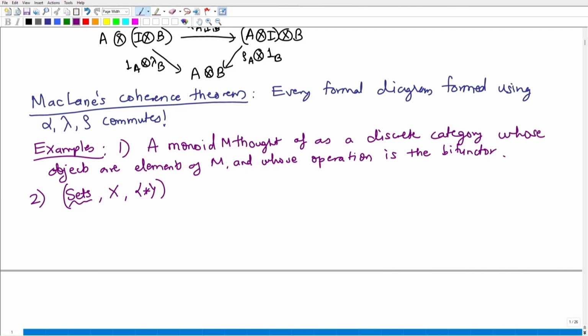If A is a set, then A cross blank is a functor from Set to Set, and similarly blank cross A is also a functor from Set to Set. So it is a bifunctor. However, now what do you know about sets? Why do we need this alpha, rho and lambda? Is A cross singleton equal to A?